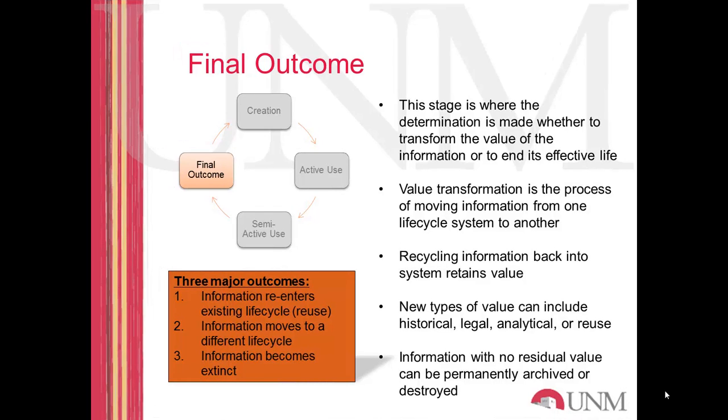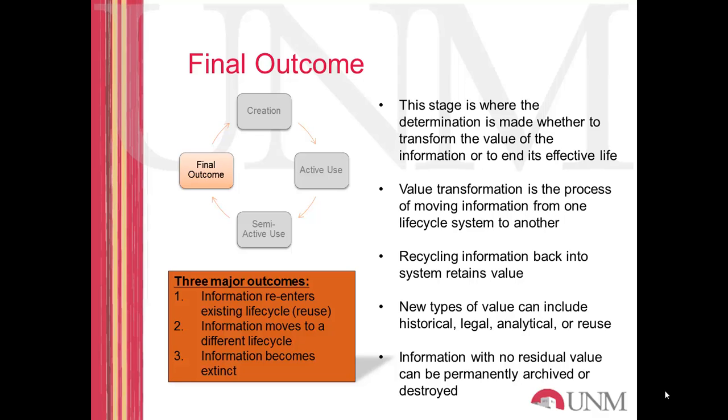The last stage in this information model is the final outcome stage. And that's where the organization makes the final determination on whether there is some residual value to the information or whether it needs to be purged from the life cycle completely.